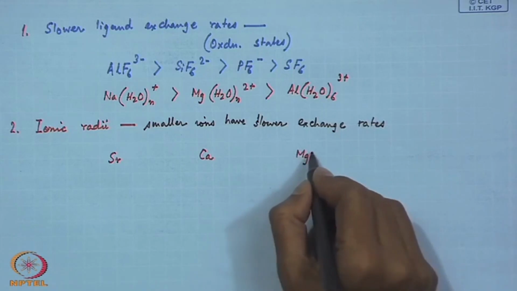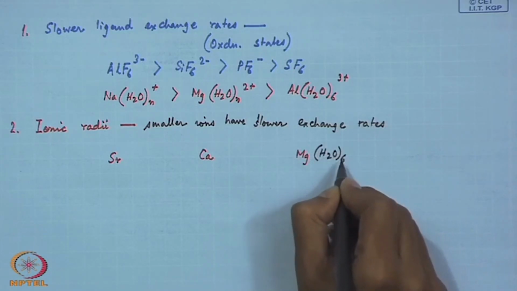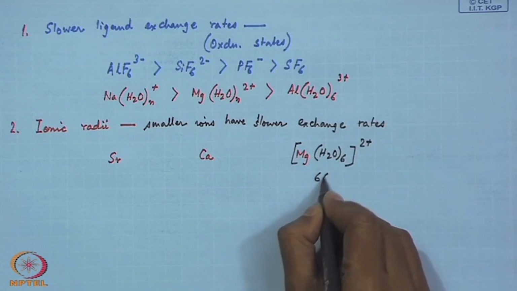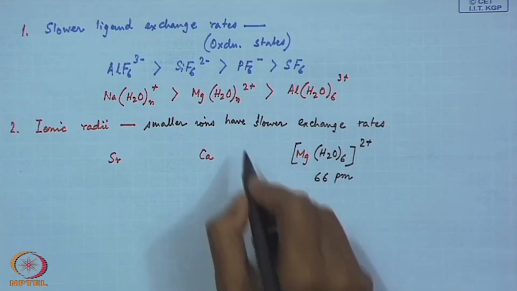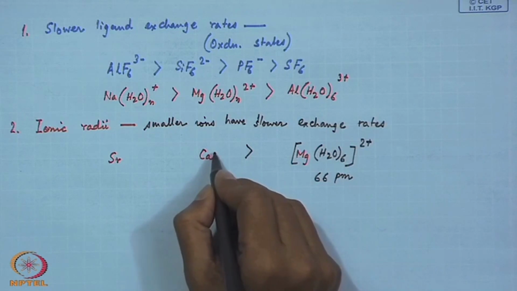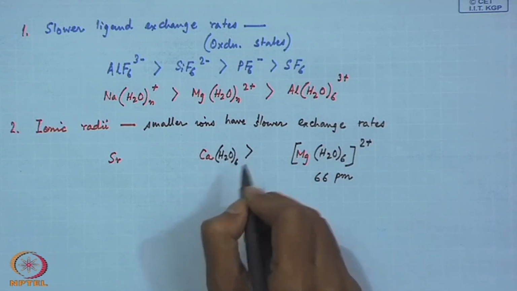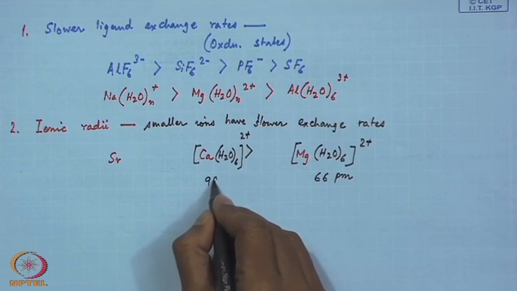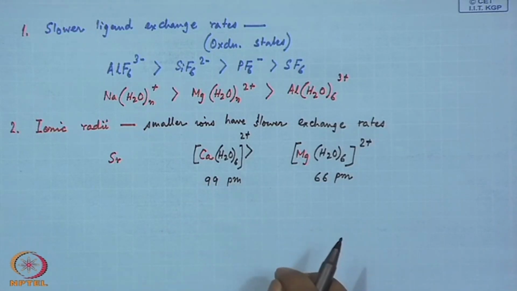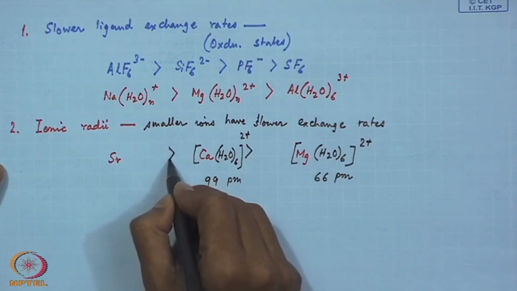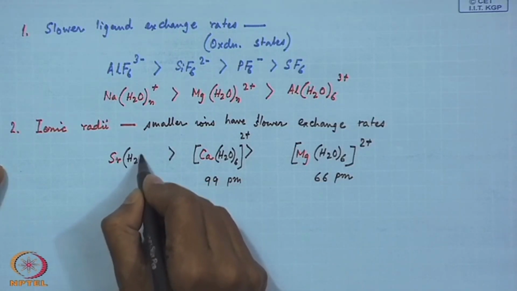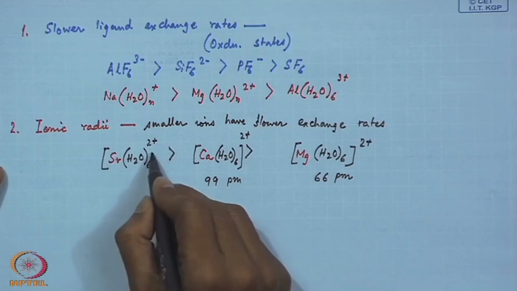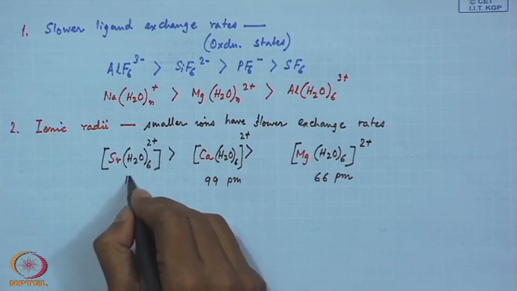The smallest ion is magnesium hexaaqua, which is 66 picometer only, which is less than calcium 2 plus, which is 99 picometer, and then strontium, which is 112 picometer.